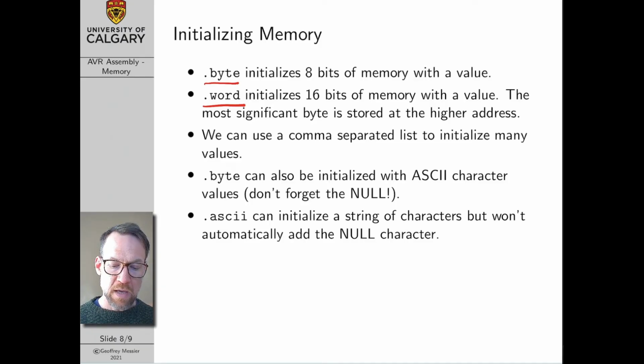The .byte command can also be used to write ASCII characters into data memory, but really the .ascii directive is a little bit more efficient if you want to do something like that. And then you can just do double quotes right in your string and then make sure you terminate with the null character.